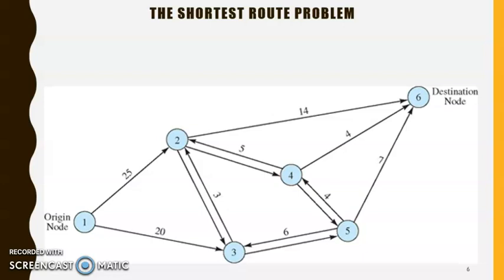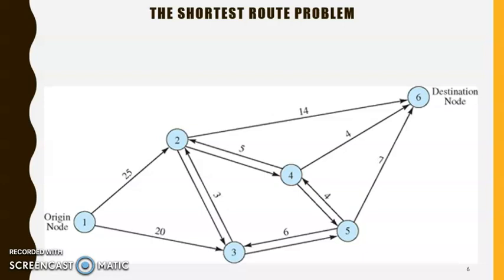The reason for that has something to do with the fact that 1 2 and 1 3 are the routes from the origin node, and the roads 2 6, 4 6, and 5 6 are into the destination node. It means that it doesn't make sense that we consider routes from 2 to 1, because 1 is the origin node and we want to go away from 1 and there is no need to return back to that point.